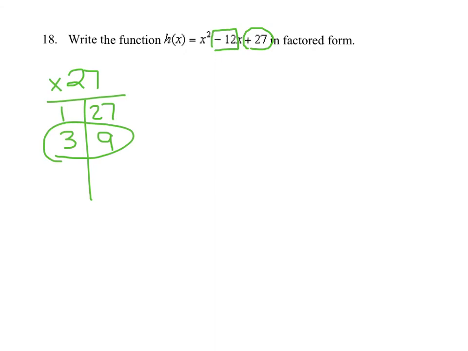So it's 3 and 9 that definitely add to 12, but notice this is a -12. Because it's a -12 but it multiplies to a positive, you know both signs are going to be negative. So it's a -3 and -9. So writing it in factored form, h of x equals x minus 3, and then x minus 9.